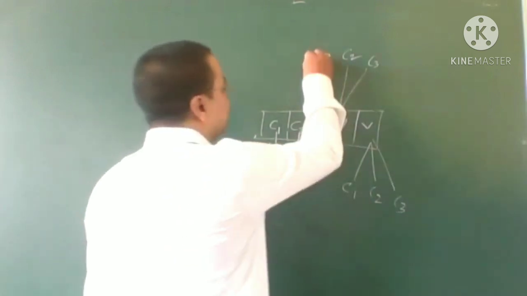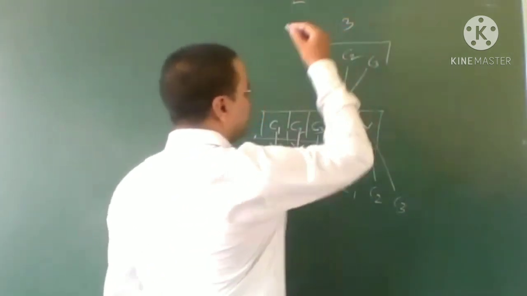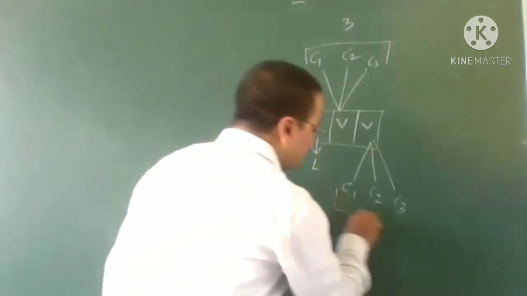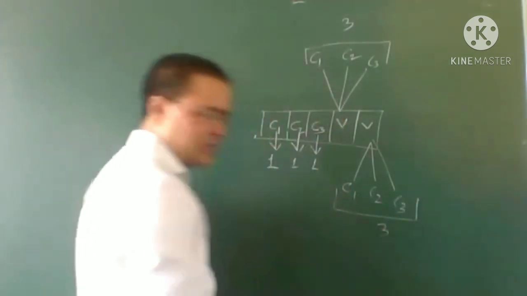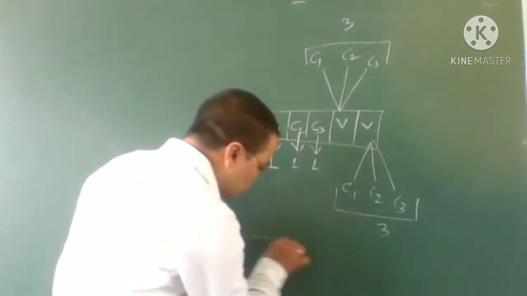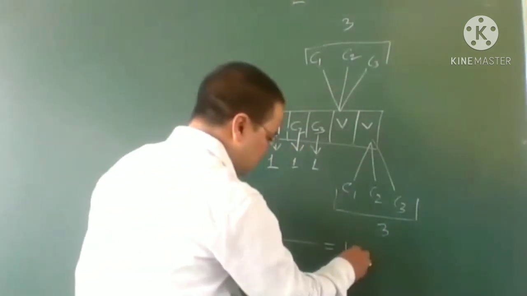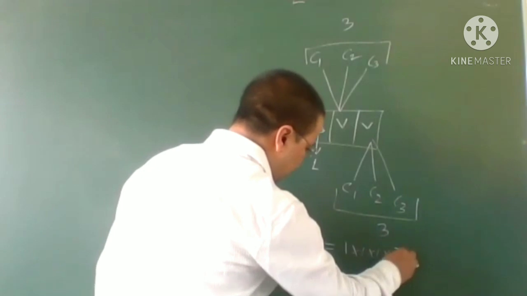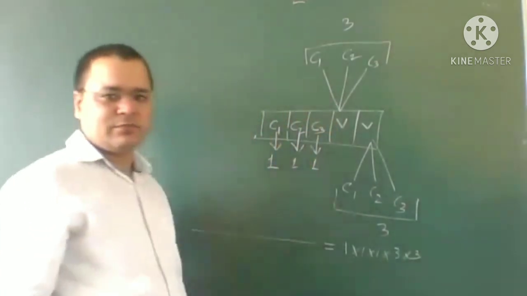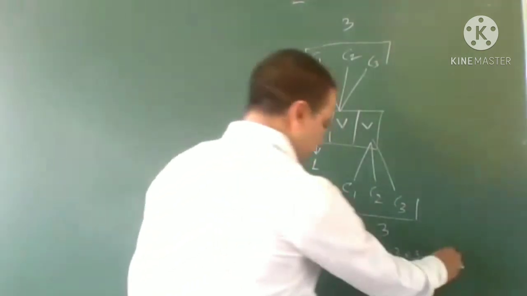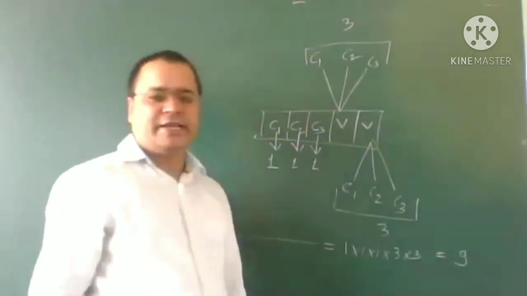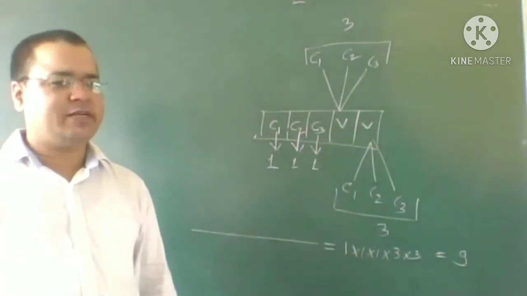So here it has three choices, and here the last voter also has three choices. Then according to the question, the total number of choices is how much? 1 into 1 into 1 into 3 into 3. It means the total number of choices is what? 9. Getting? Very interesting question.